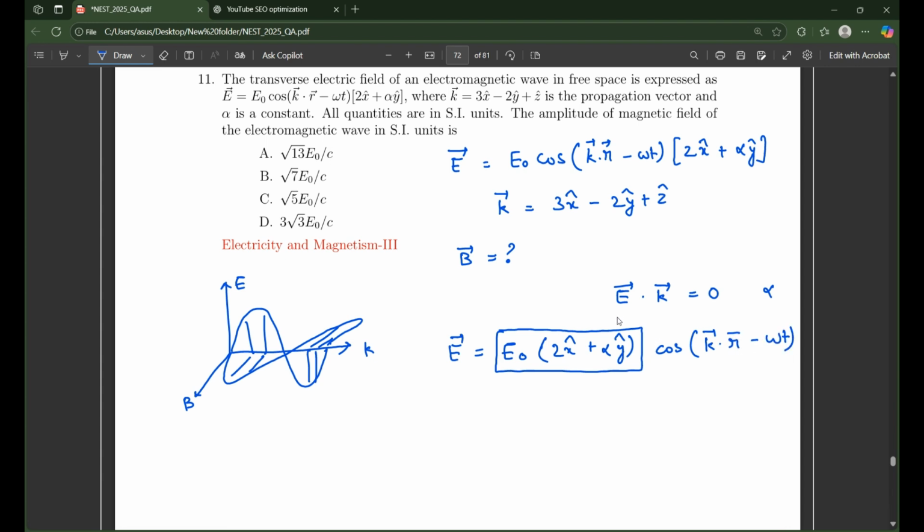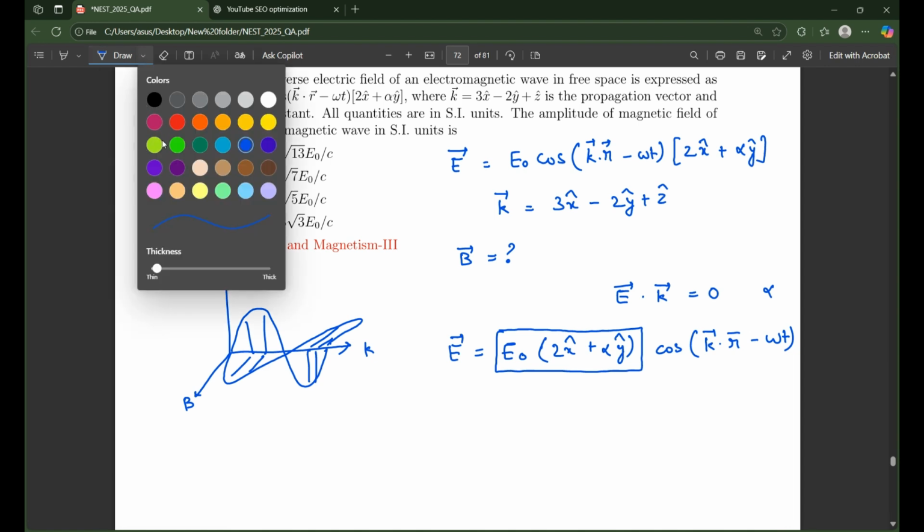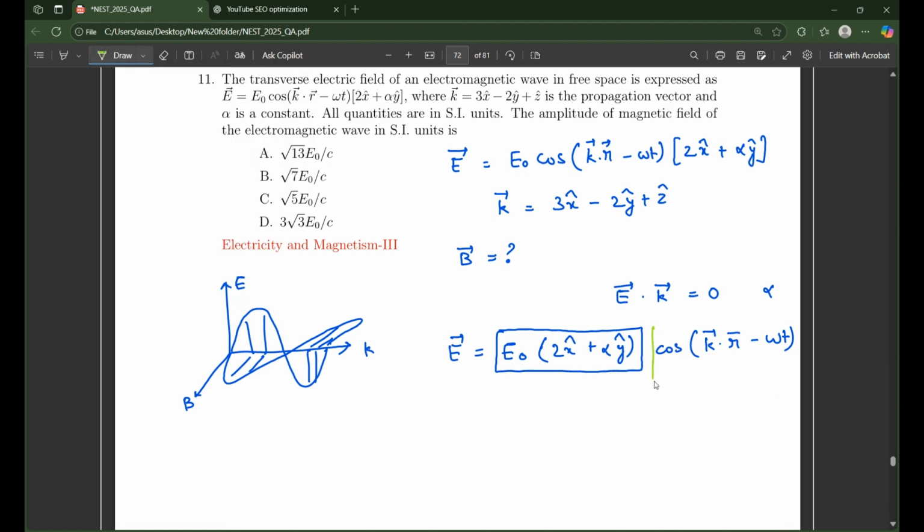This is the oscillatory part. That means what is oscillating? This part is the oscillating part. This up and down, this sine wave or cos wave type function, is coming from this part. Here it is cos. It just determines how the wave is moving.